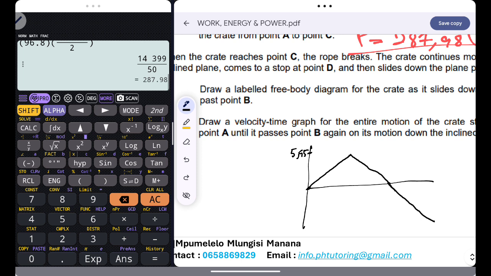Are you together? So this will be point A, point C, and this is point D. And then now it's moving down the incline. We must write the heading velocity time graph.